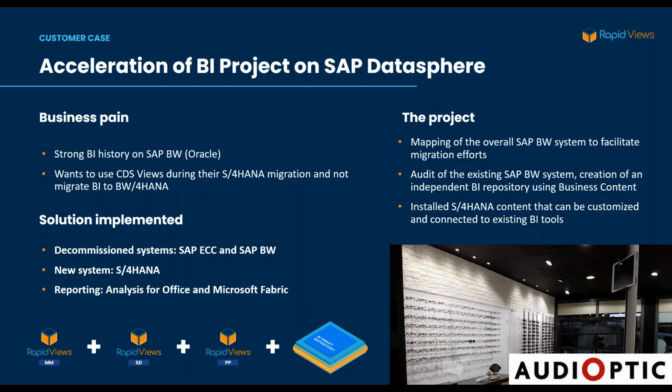We used our business content to give them a new S/4HANA content with CDS views. And the BI Smart Repository helped us a lot to convert the BW referential into the customization of RapidViews CDS. So there were two steps in this project: first, the audit of their BW, and then the implementation and customization of RapidViews CDS.